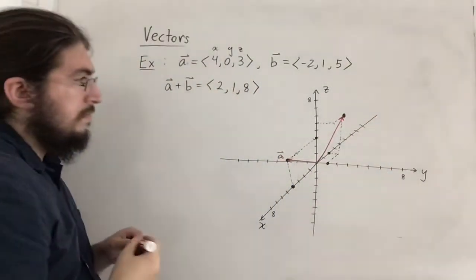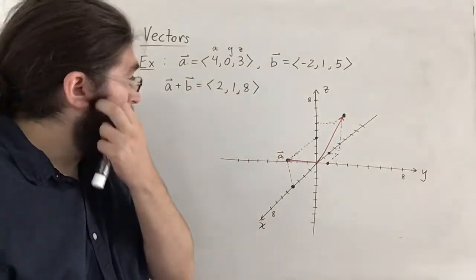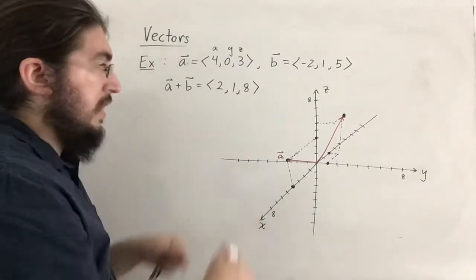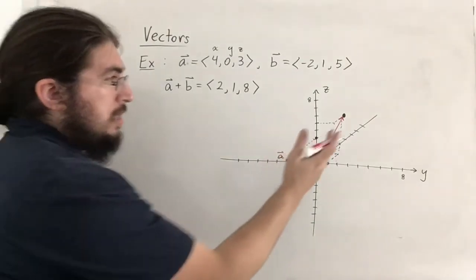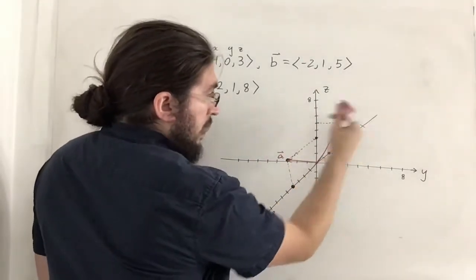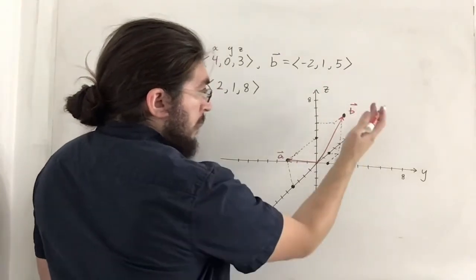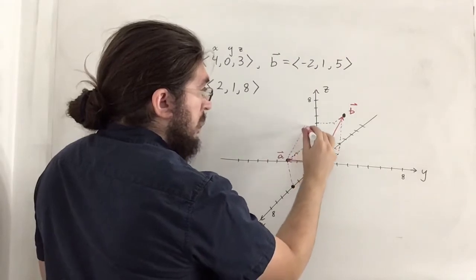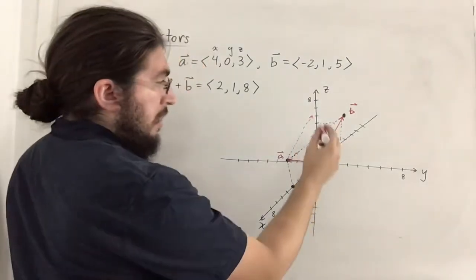Perfect. So now what? Well, now again, it's a little weird because it's in 3 dimensions and it looks a little funny. But if we were to try to imagine moving B, so this is B. So imagine moving B so it's over here, not changing its direction or magnitude, and we get this kind of parallelogram.